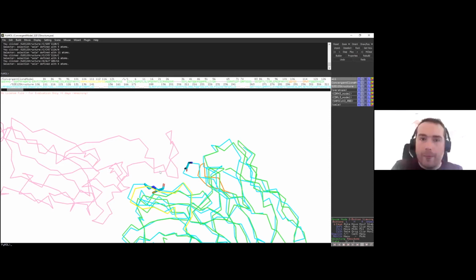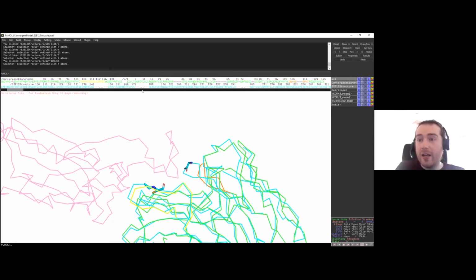If we had a slightly different model, it might be more clear. But what this is certainly telling us is that it is likely that the antibody that we have here is going to bind using the same interactions, the same binding mechanism as this solved structure that we're comparing it to.